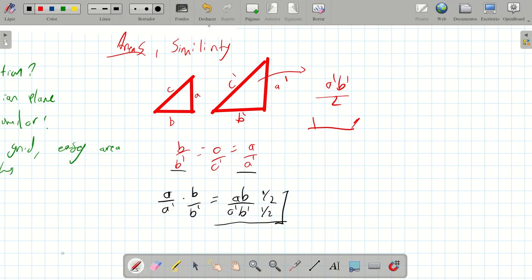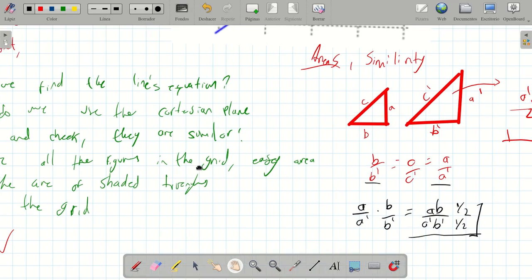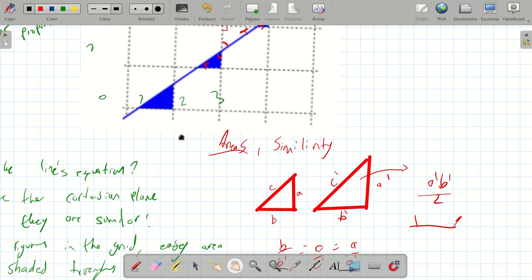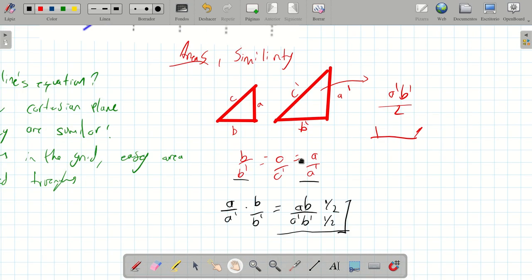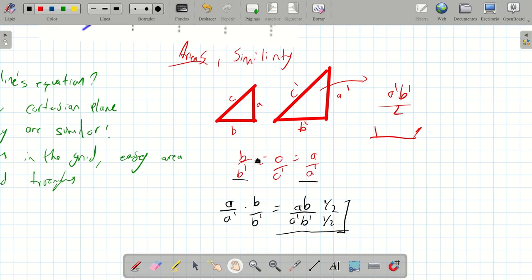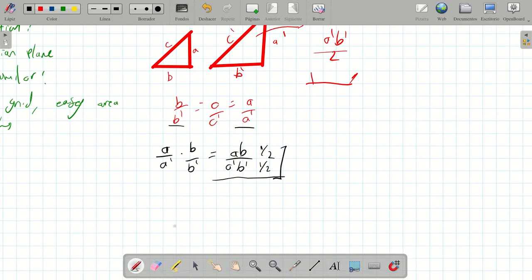Because remember that the first step was the similarity. We need to prove the similarity. Then with similarity, we need to find something about the area. We found something about the area, which is here, multiplying these two expressions using the property of similarity of triangles. So now that you find it, you at least tried a lot. You can say that this is a square root of something.